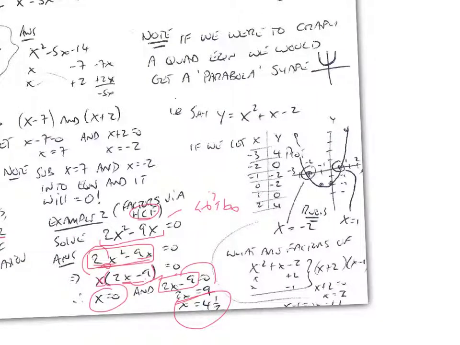Now, just something worth noting as kind of an aside or discussion in the book. It's just so that you know that if you were to graph a quadratic equation, as we've met, you would produce a parabola shape, either this or that. Okay, so let's say we had an equation, and we'll say that y is equal to that equation.